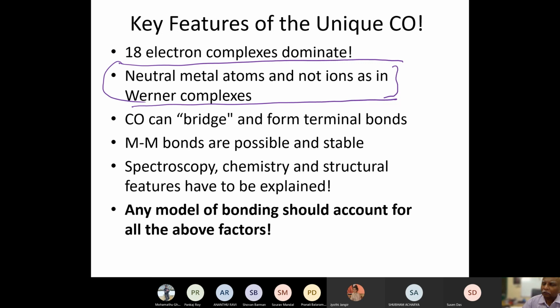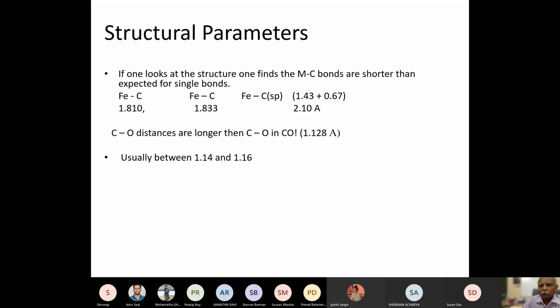So what we noted was that there are several features which are unique to these complexes, and we said that any model of bonding that we discuss or come up with should account for all these factors in addition to whatever else might come up later on.